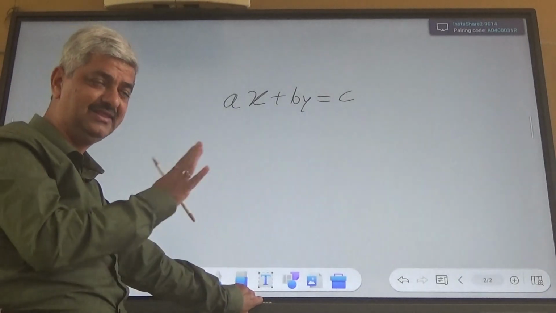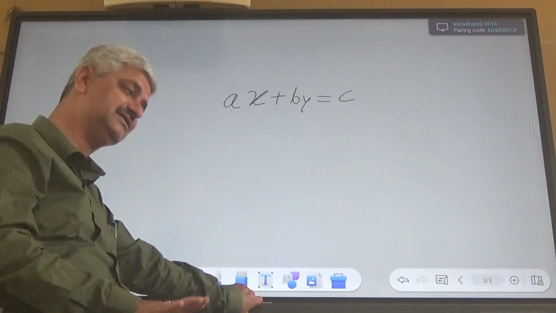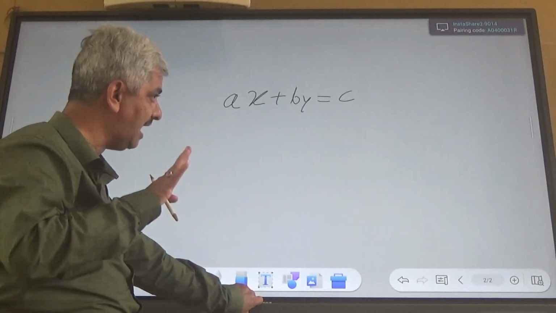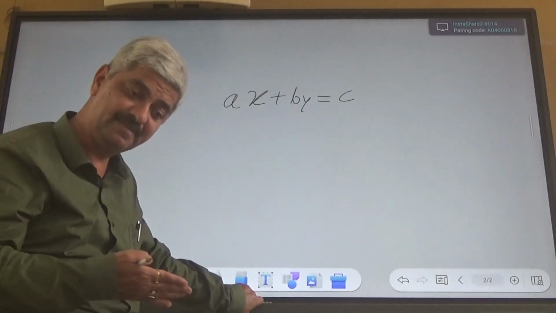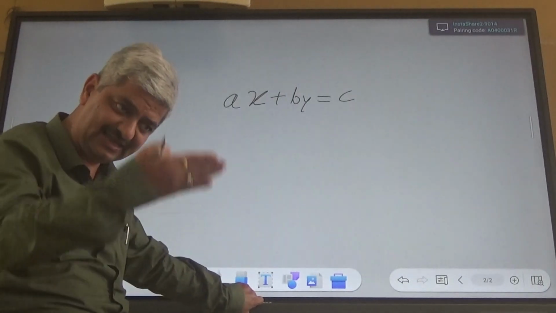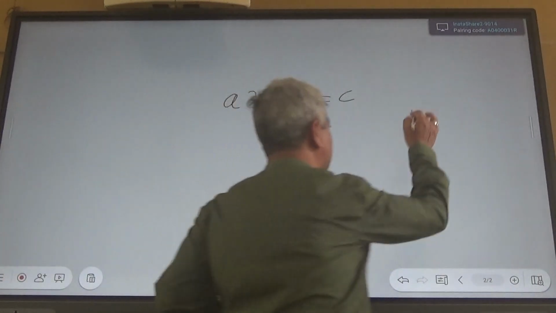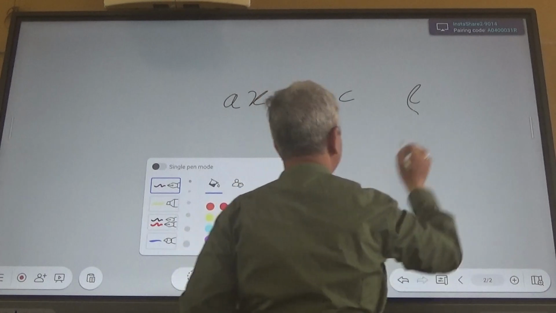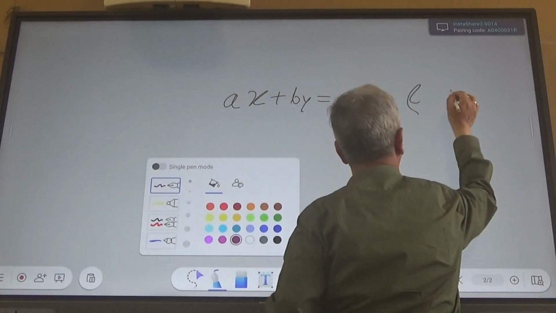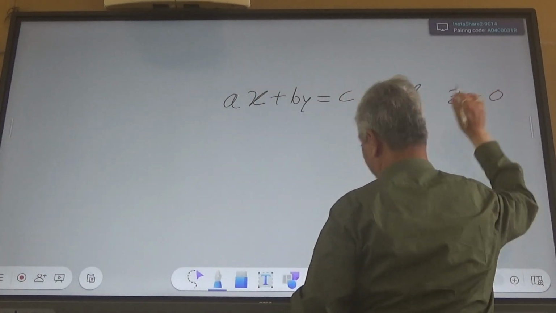Listen very carefully, we can either say that I have one equation and I am in 2D, or instead of saying that I am in 2D, I can also say that this is a given equation.